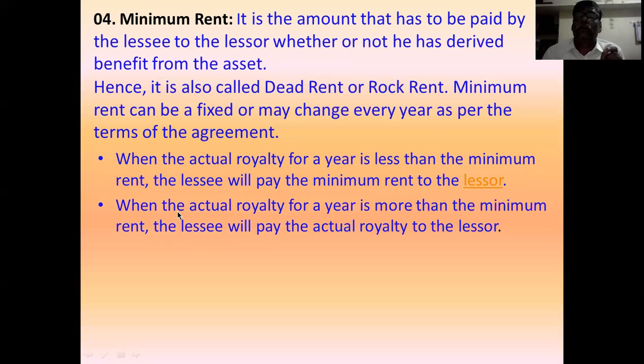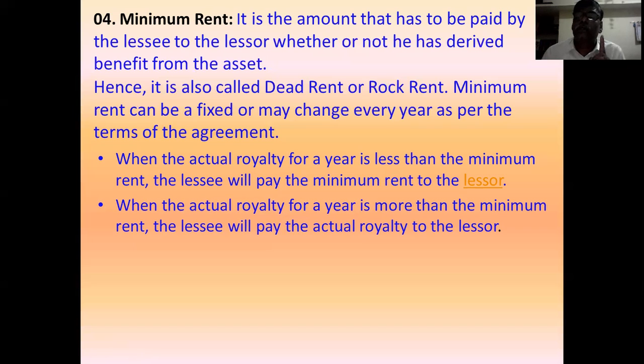And second is, when the actual royalty is more than minimum rent, the lessee has to pay actual royalty to the lessor. Lessor means owner.